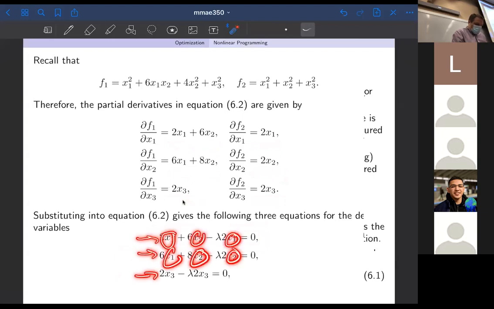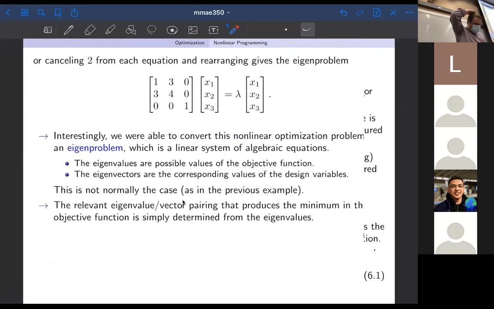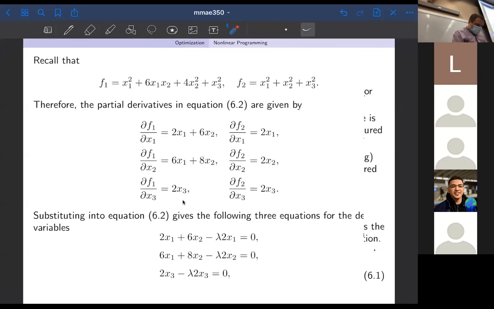But oh my, look at my 3 equations. This looks familiar. That's an eigenproblem. Not because I randomly chose lambda as my Greek letter, but I chose lambda as my Greek letter because I knew it was going to turn out to be an eigenproblem. So I have a 3 by 3 coefficient matrix, which comes from here: 1, 3, and 0.